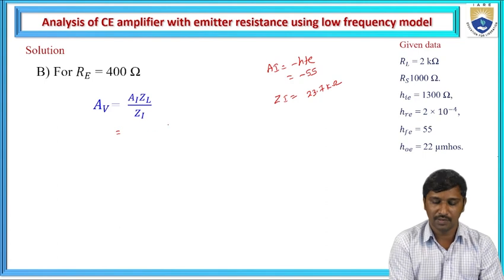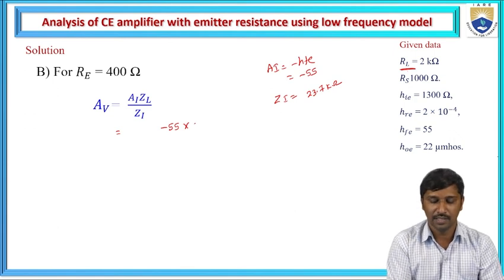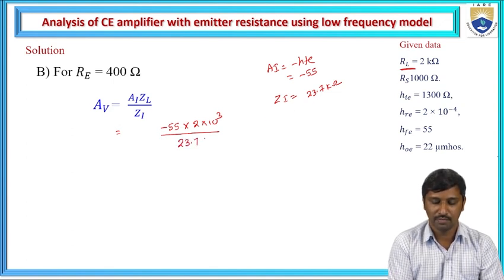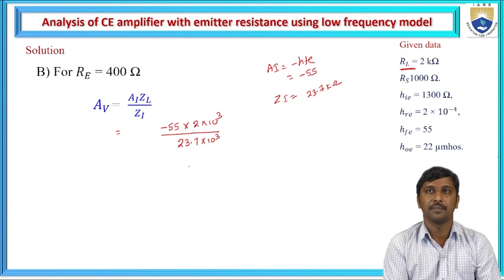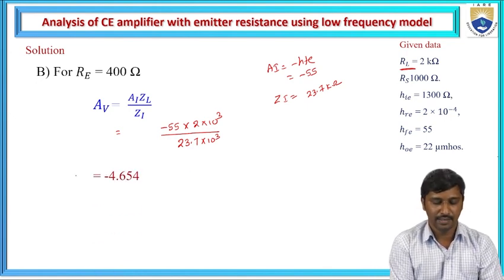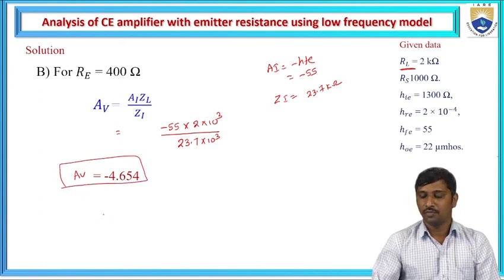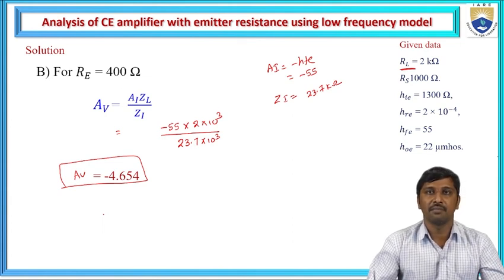Now we can substitute: Ai is minus 55, and the ZL value, the load resistance value, is 2 kilo ohms, that is 2 into 10 to the power of 3, divided by the Zi value 23.7 K, that is 23.7 into 10 to the power of 3. From this, the voltage gain is minus 4.654. Now we need to calculate the Ro' parameter.